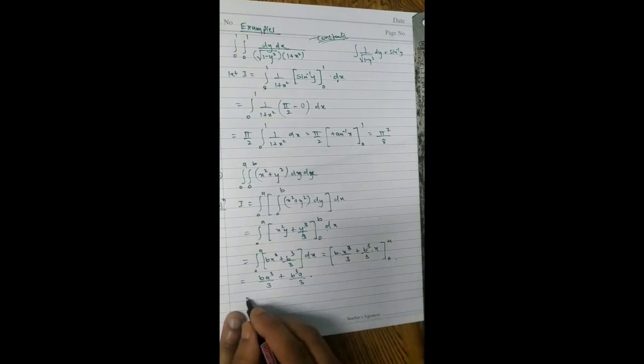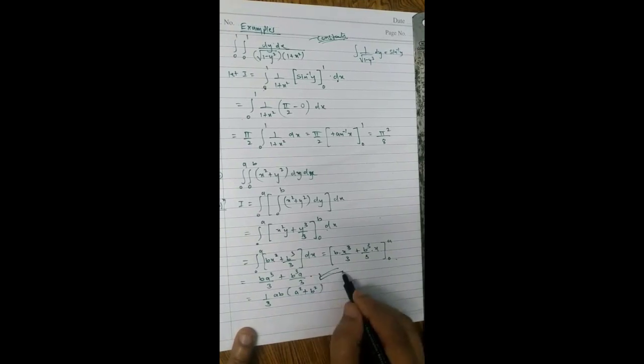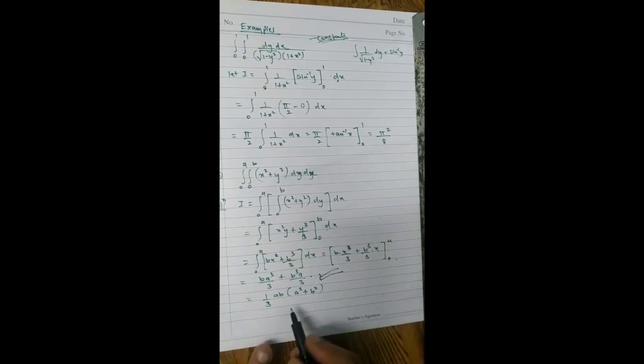Therefore, in a more simplified manner, I can write it in the form of 1 by 3; I take it outside, a and b also I can take outside: a square plus b square. Or else if you write till here also, it is valid. So this turns out to be your solution.